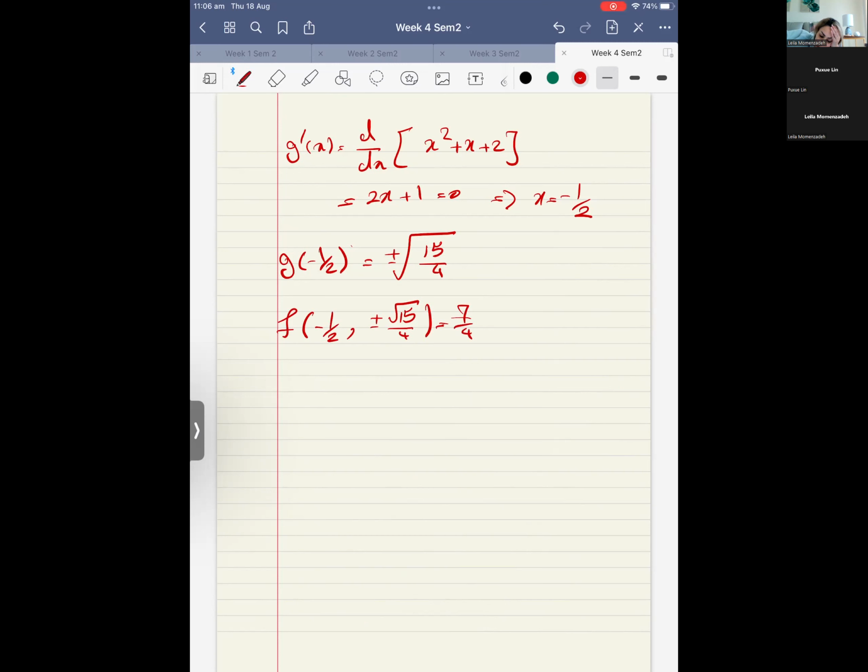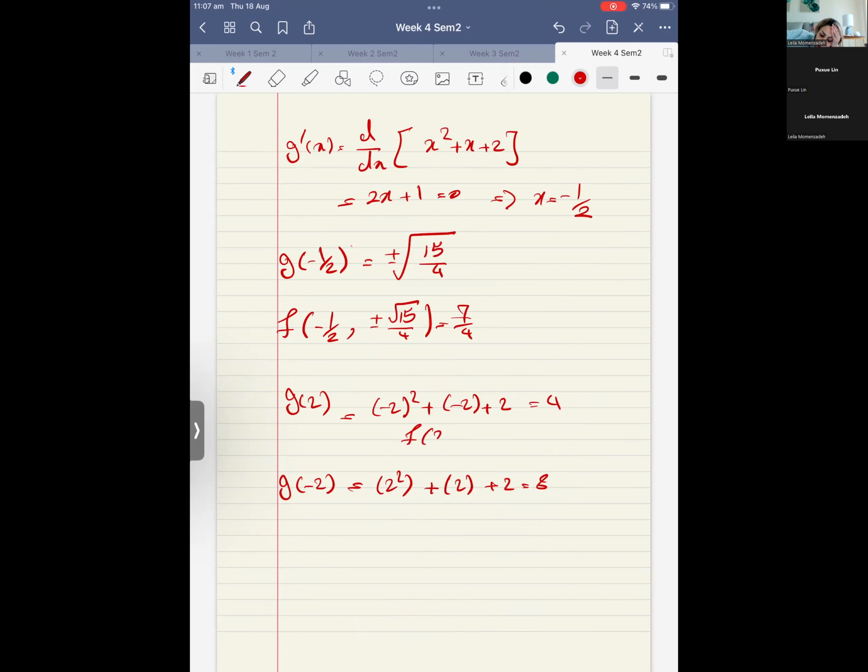And for the endpoints, g(-2) would be equal to (-2)² + (-2) + 2, which is 4. And here, 2² + 2 + 2 is equal to 8.